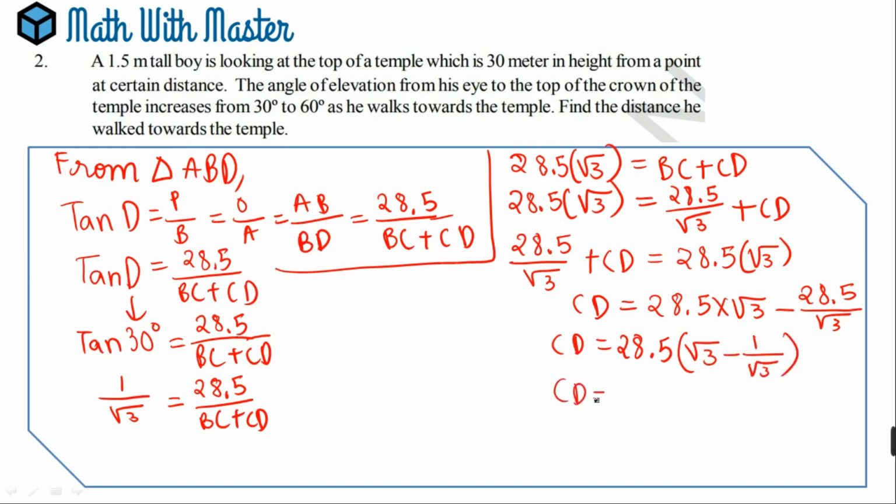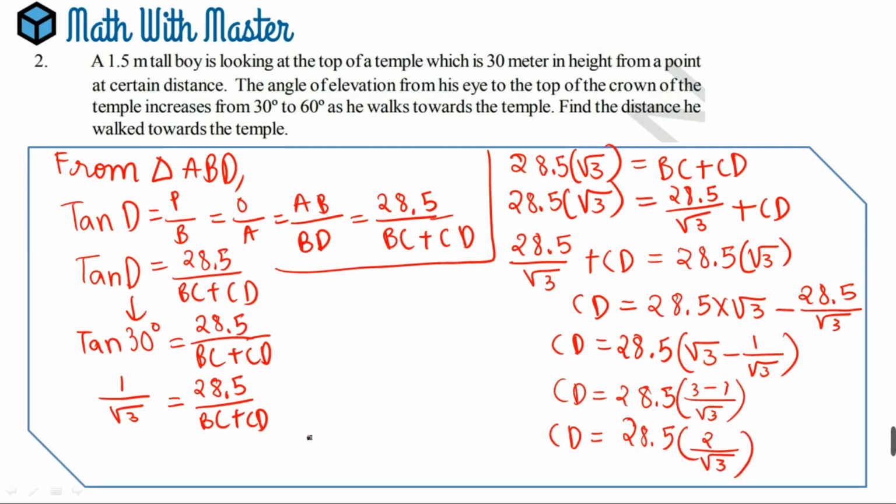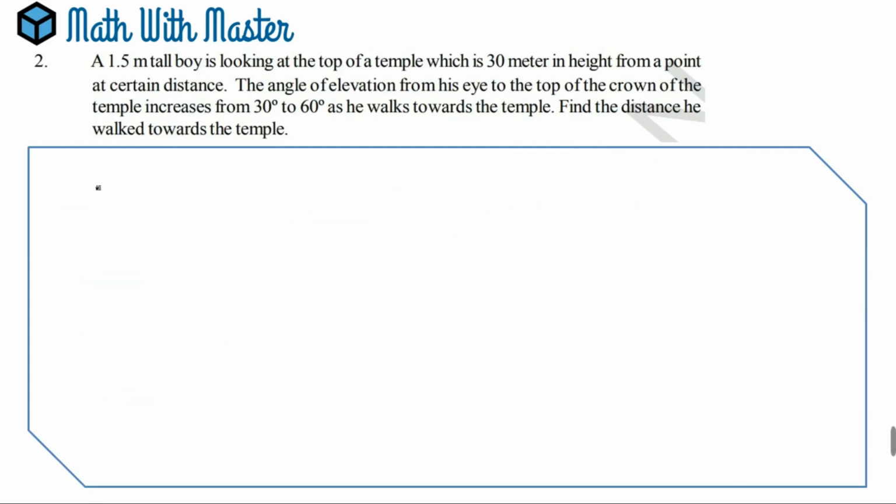And if we take LCM over here, it will come 3 minus 1 upon root 3. Then CD is equal to 28.5 into 2 upon root 3. So now we have got CD is equal to 28.5 into 2 upon root 3.